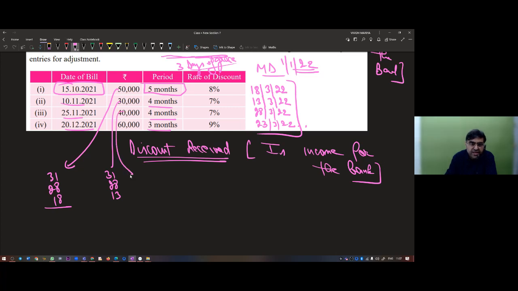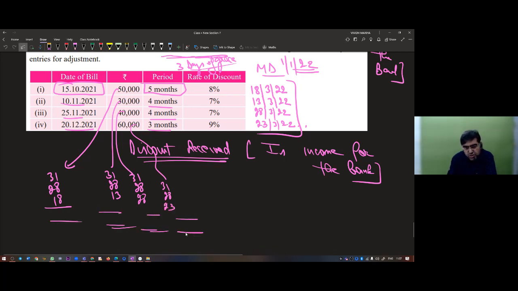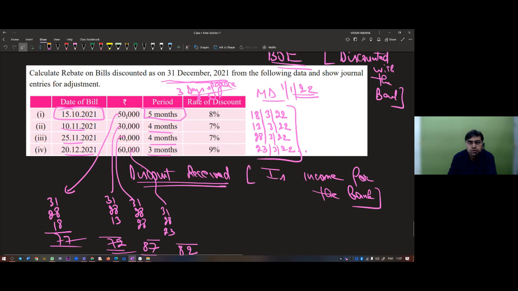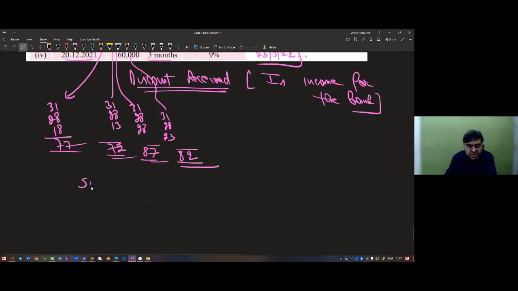It's not a leap year. The number of days are 31 plus 28 plus 18, so the number of days are 77. For the other bills the days are 72, 87 and 82. So this much interest is not earned.